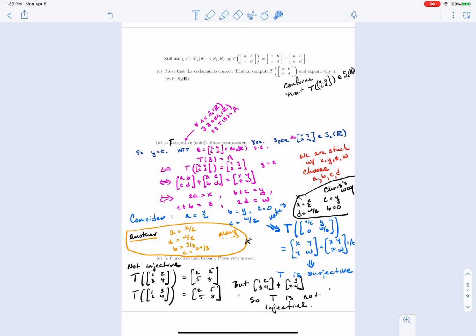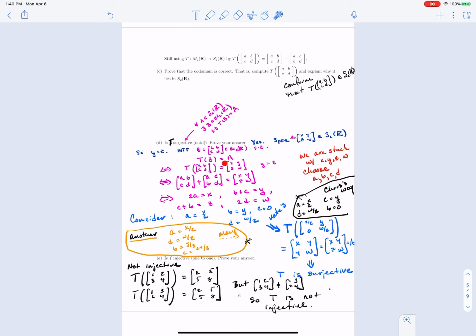So what does an A in the codomain look like? It's a symmetric matrix, so some X, Y, Z, W in S2R, where Y must be equal to Z because it's symmetric. And we want to find a B, some 2x2 matrix, so I just called it ABCD, such that T of B equals A. That's just summarizing that definition in this context.